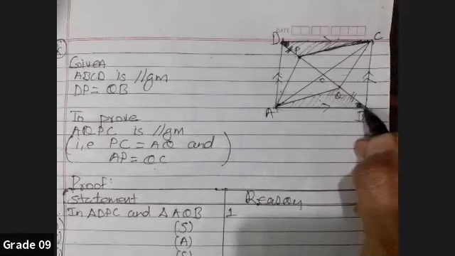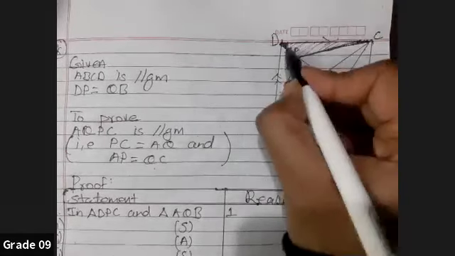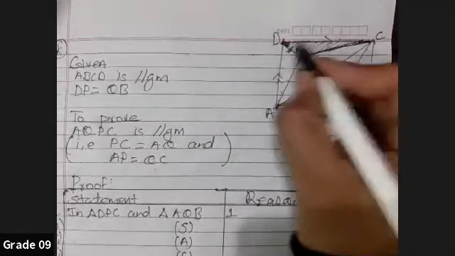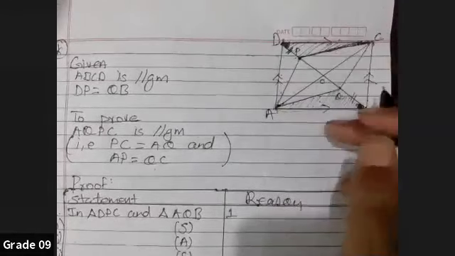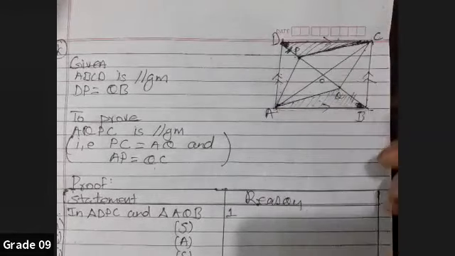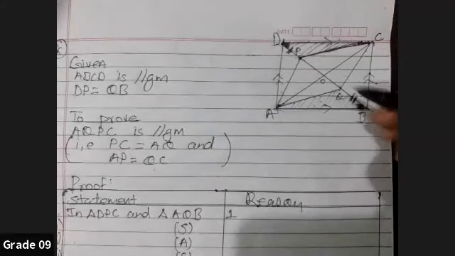DC and AB are equal because they are opposite sides of the parallelogram. This angle and this angle are equal because they are alternate angles inside the parallelogram. And the last one, DP equals QB, is given by the question. So it is side angle side.